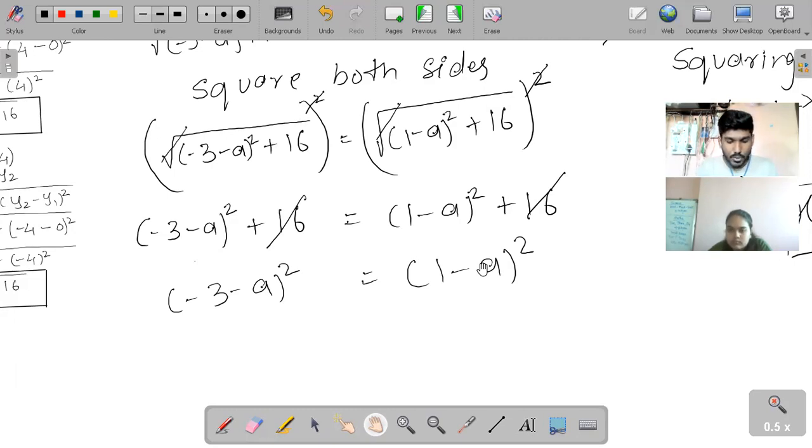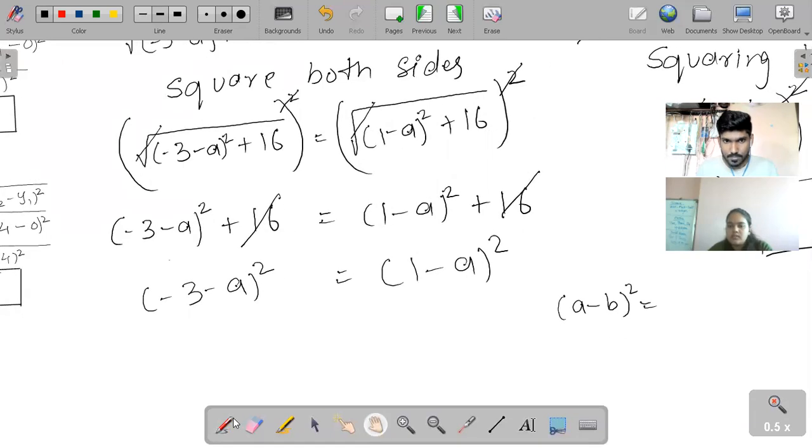So what we'll have to do here is use the formula for a minus b, the whole bracket square, and expand it. Do you remember this formula? A minus b, the whole bracket square, expansion formula. It is a square minus 2ab plus b square. When there is a minus sign, it becomes minus 2ab.